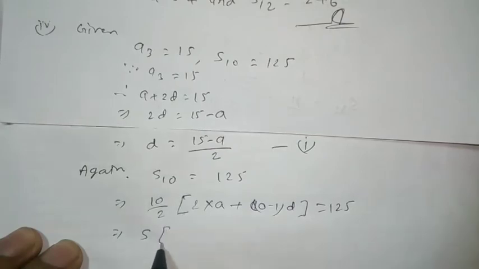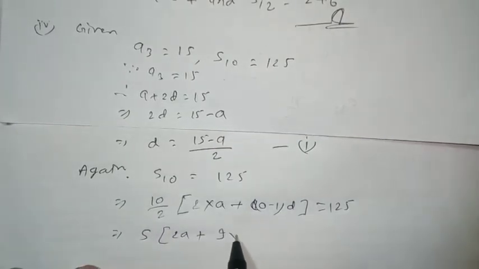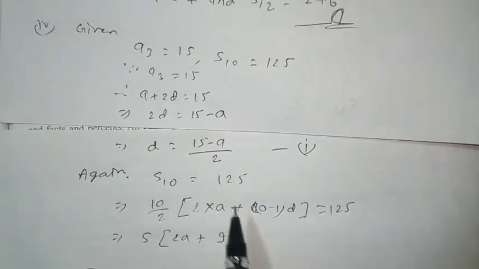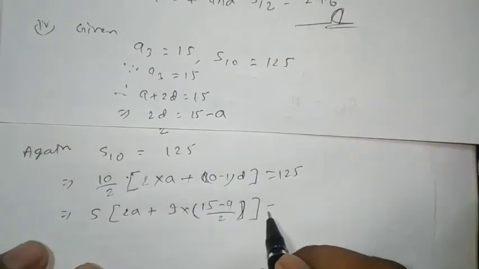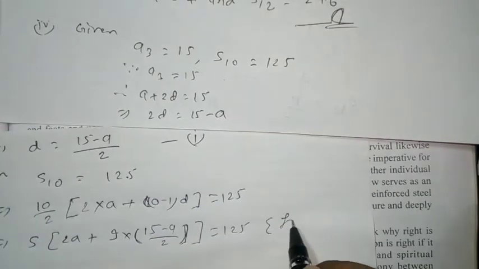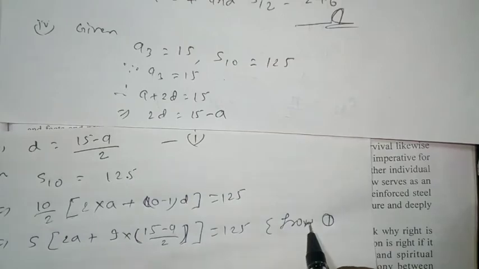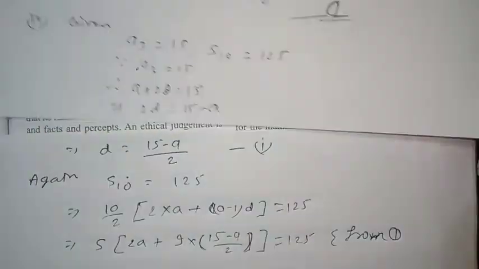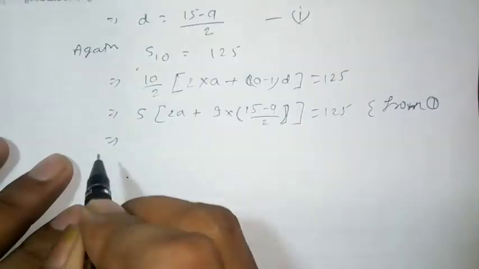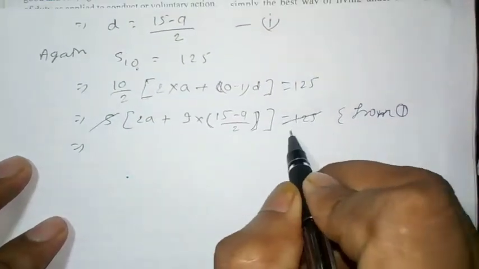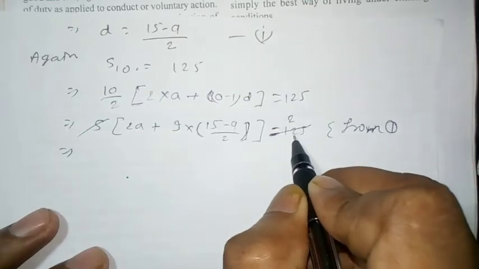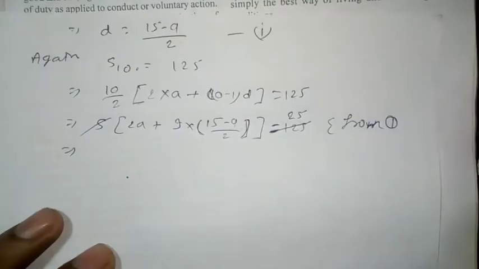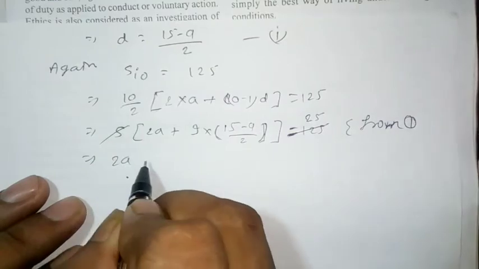Implies 5 into [2a plus 9 into d], and d is (15 minus a) by 2 from equation 1, so we put the value. We divide 125 by 5, which is 25, implies 2a plus 9 into (15 minus a) by 2 is equal to 25.